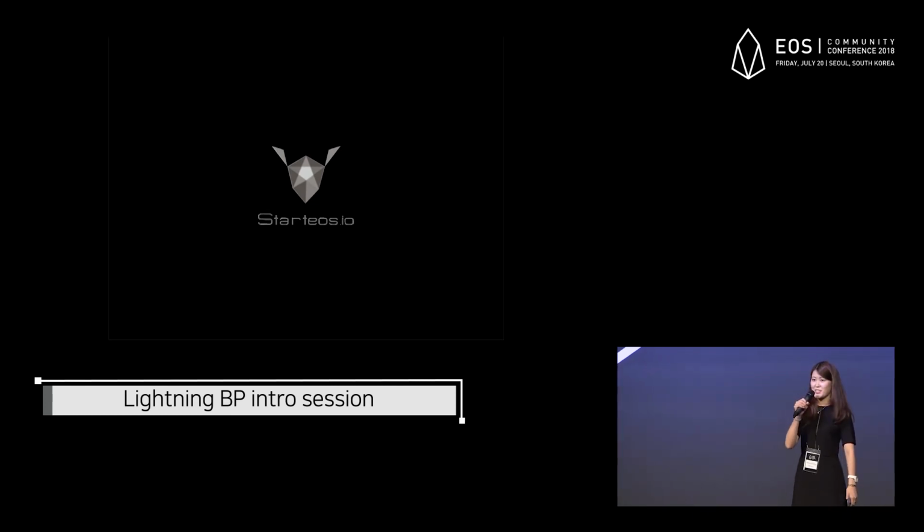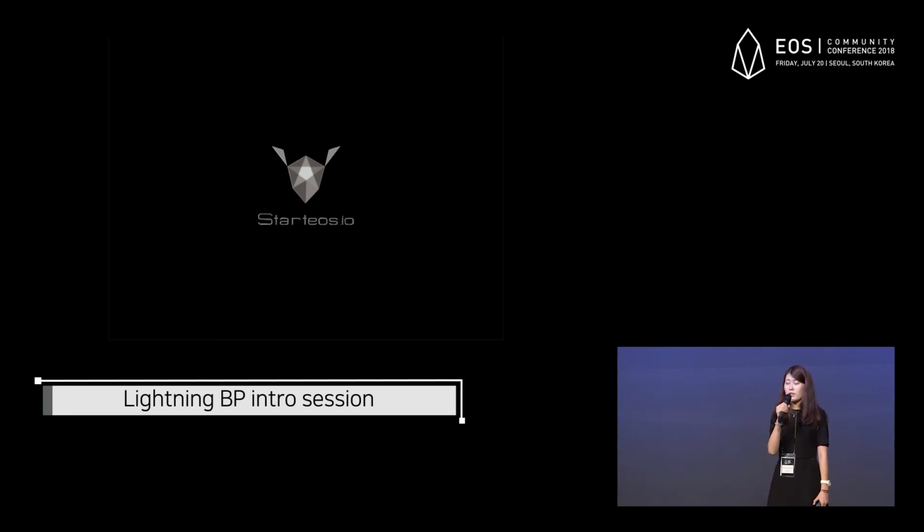So, hey guys, nice to come here and meet you guys. I'm Monica from StartEOS, and our headquarters is based in Chengdu, China. We have co-built a blockchain technology and research laboratory with the University of Electronic Science and Technology of China in April in order to push the development of the blockchain industry, especially the EOS ecosystem, and cultivate a group of outstanding developers.